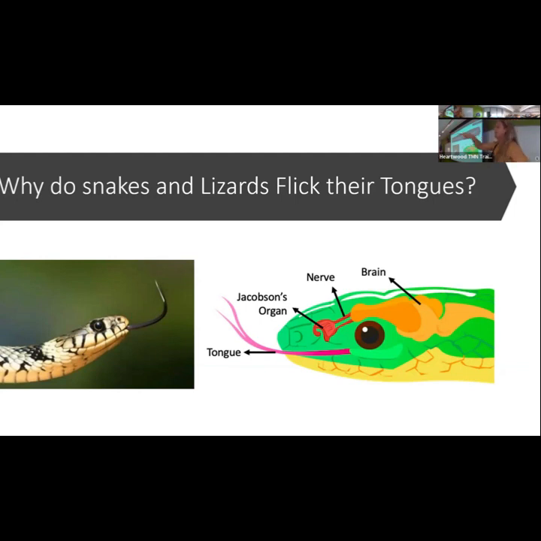That direction. So they put their tongue out, they get scent particles, they stick it back in their mouth and up into this little teeny tiny cavity called Jacobson's organ that's connected to their brain. That is their olfactory organ, or their smelling organ. So every time they flick their tongue, they're gaining scent particles and then they're reading it when it comes back in. So it's pretty quick, right?